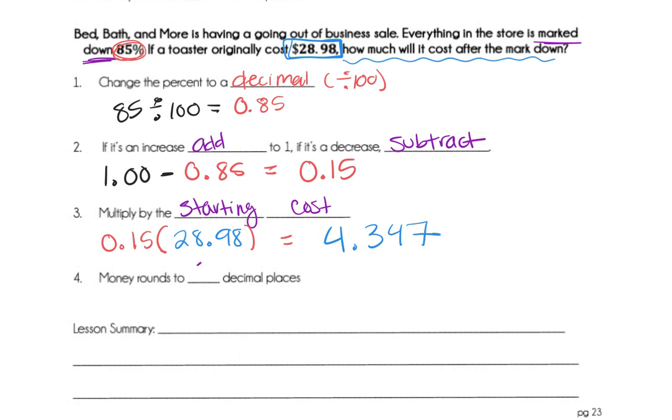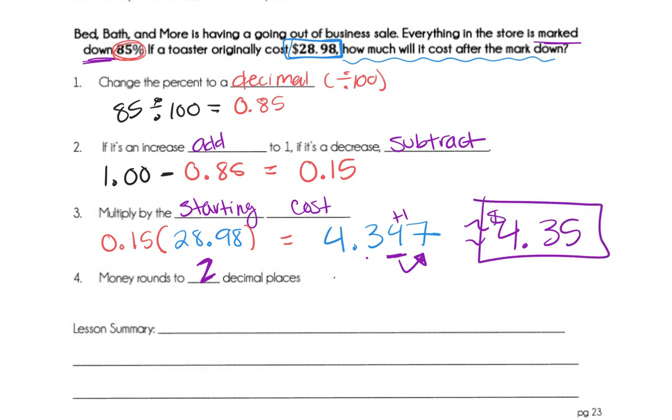Money rounds to 2 decimal places. So 1, 2. Look next door. It's 5 or bigger, so we add 1 more. So the 4 that I underlined becomes a 5. So $4.35 for a toaster. It's a pretty good deal.